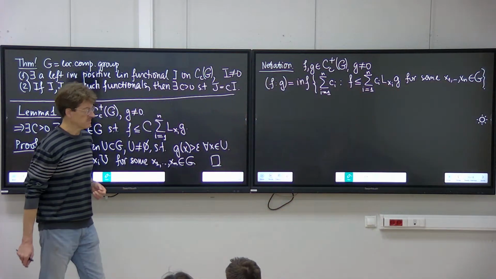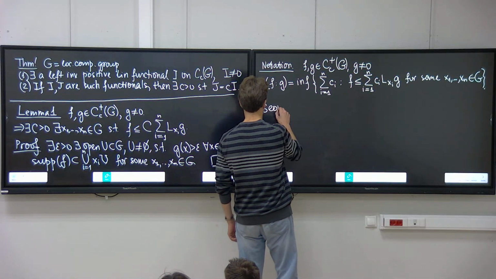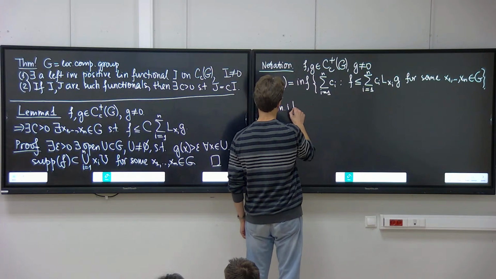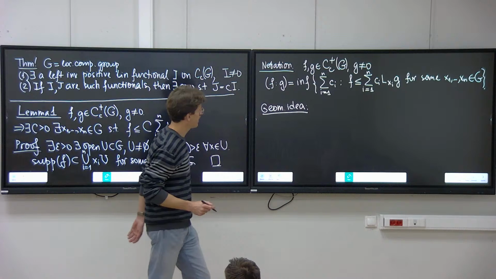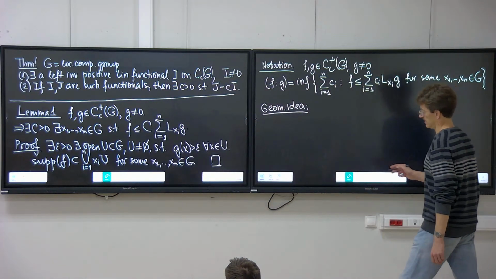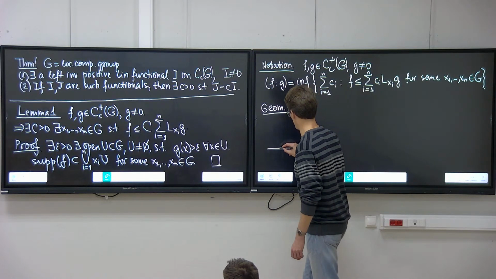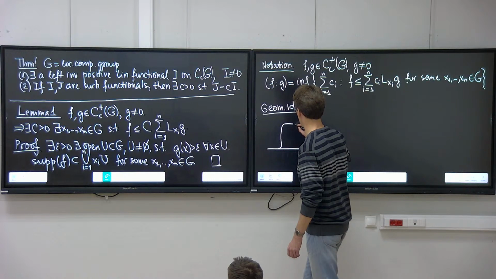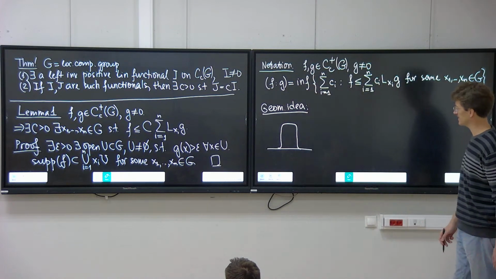So what is the geometric meaning of this number? Geometric idea, which is behind the construction. Suppose that we are on the real line, and let's suppose that g is a smooth approximation to a suitable step function of the following form.